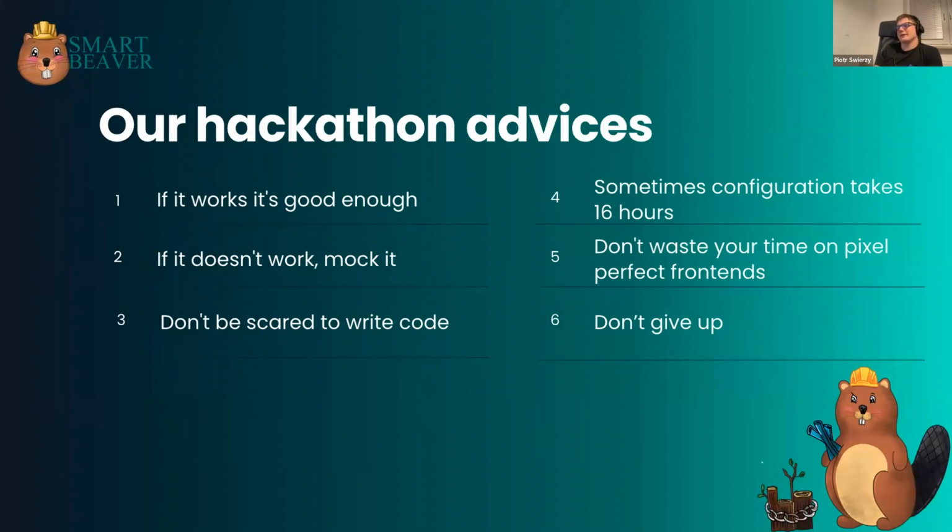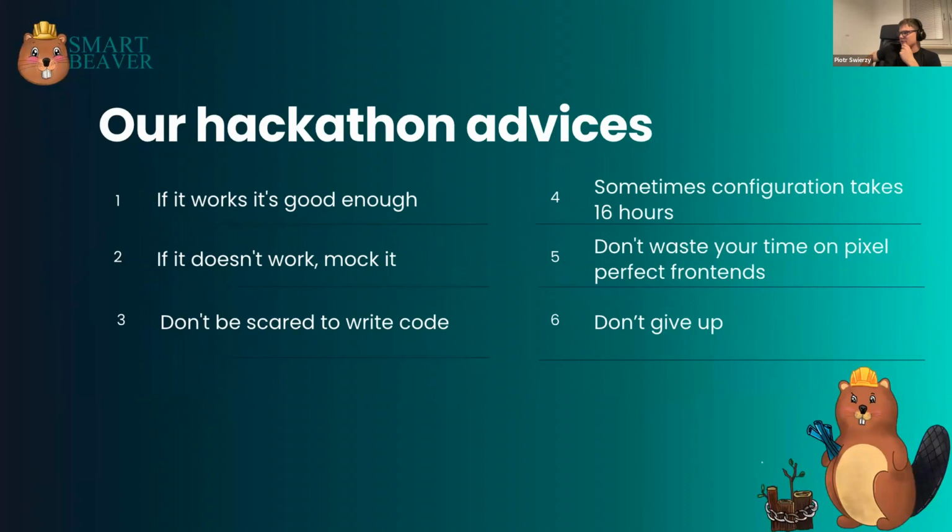The fourth advice is that, as Maciek mentioned, he created a cool snippet for you to speed up the configuration, but sometimes the configuration just takes 16 hours. From my experience, at the Ethereum hackathon in Amsterdam, I spent the first 16 hours of my hackathon configuring and solving every Rust conflict that I had, and it was also in the Aleph Zero track.